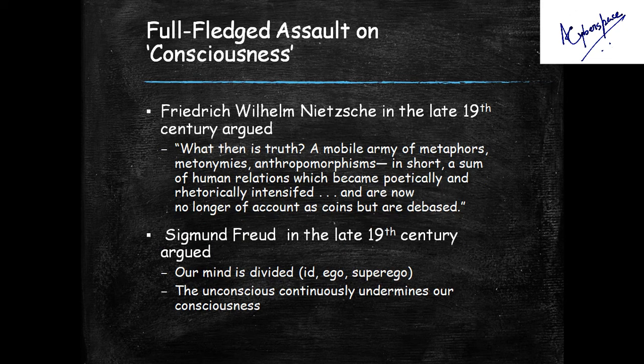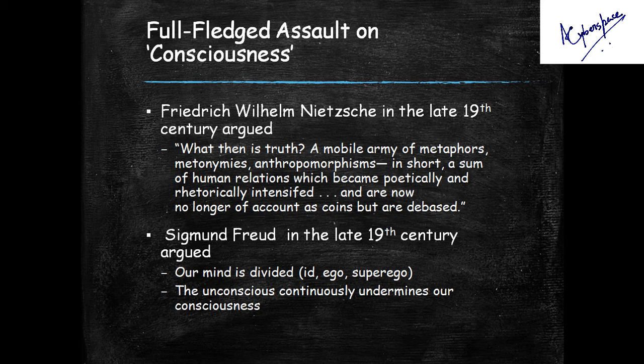And then we have also Nietzsche in the late 19th century, who argued, "What then is truth? A mobile army of metaphors, metonymies, anthropomorphisms, in short, a sum of human relations which became poetically and rhetorically intensified, and are now no longer of account as coins, but are debased."